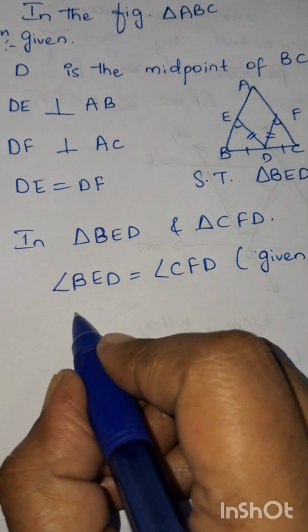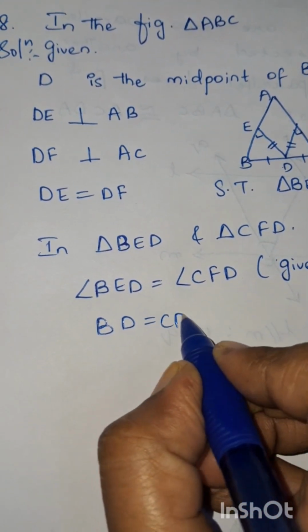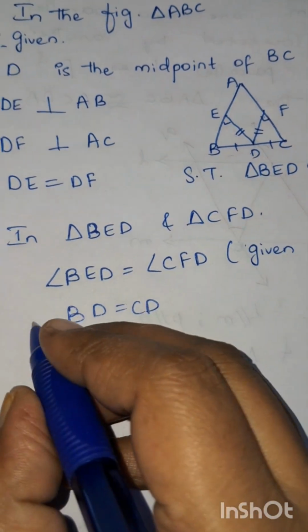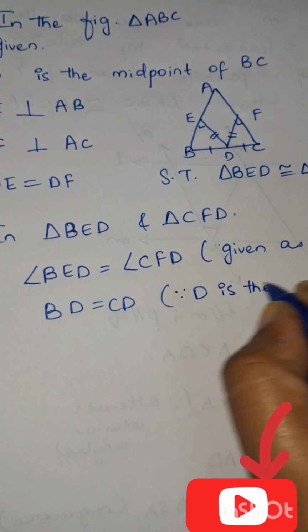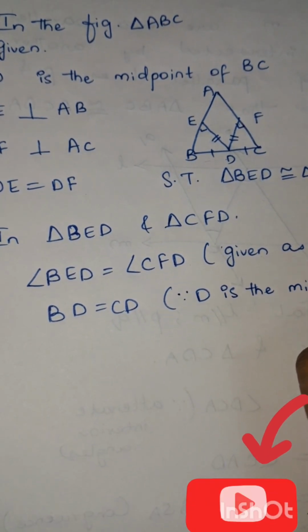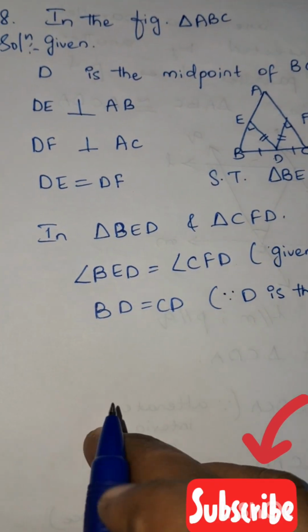Next, BD is equal to CD, since D is the midpoint. So the distance will be equal on both sides.